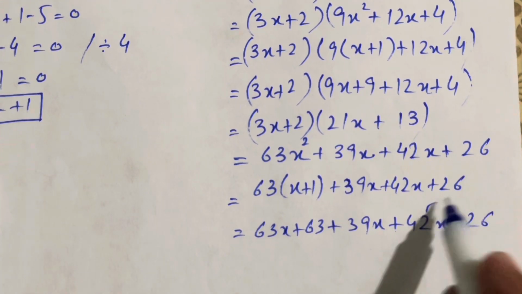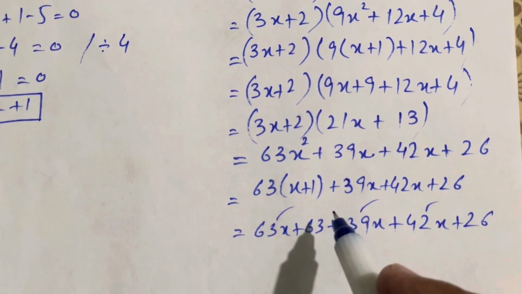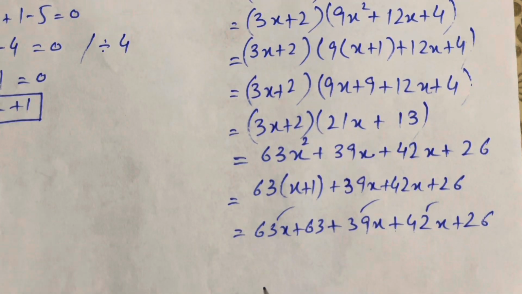On solving 42x, 39x, 63x, it becomes a value like 144x.